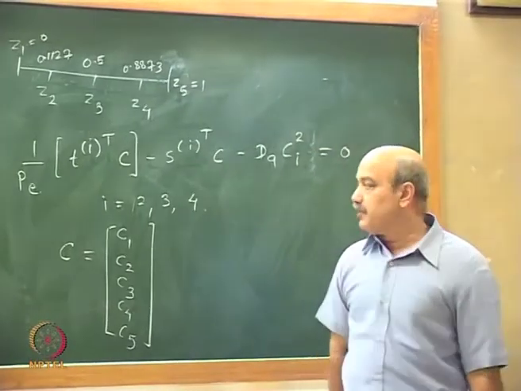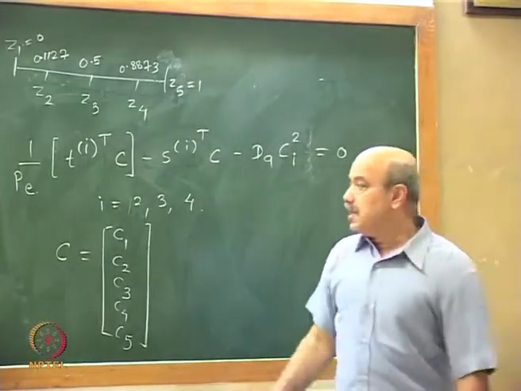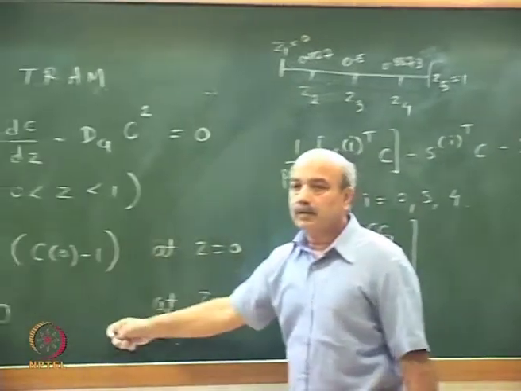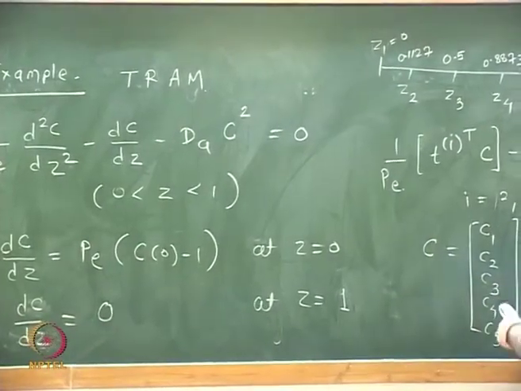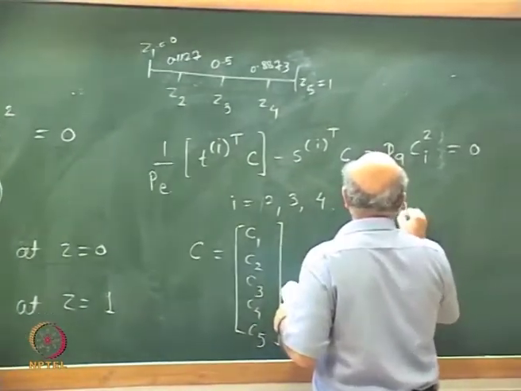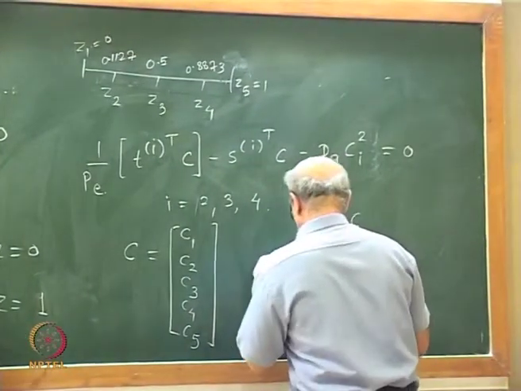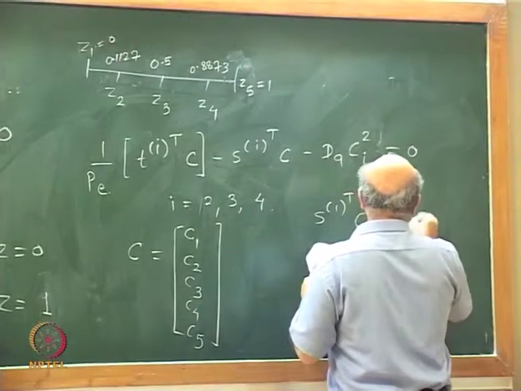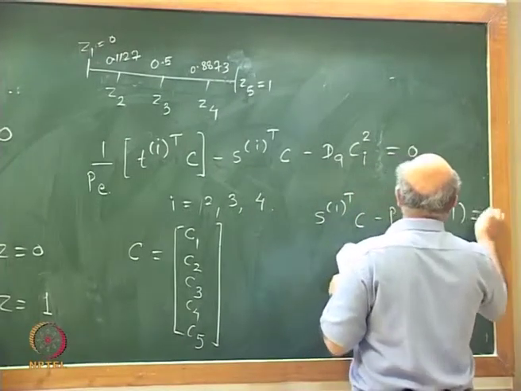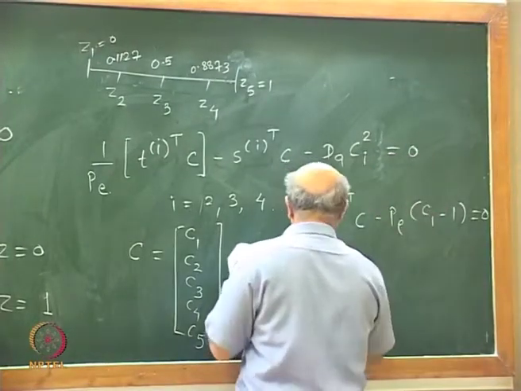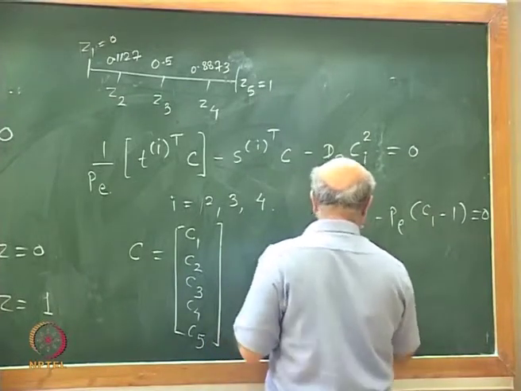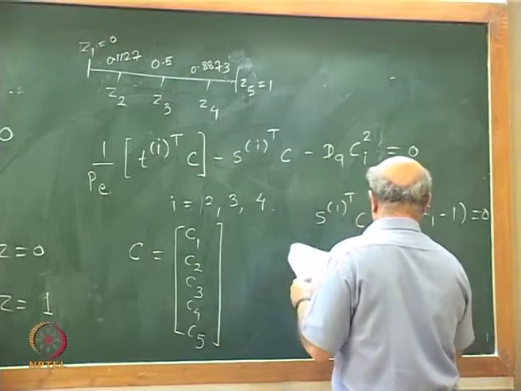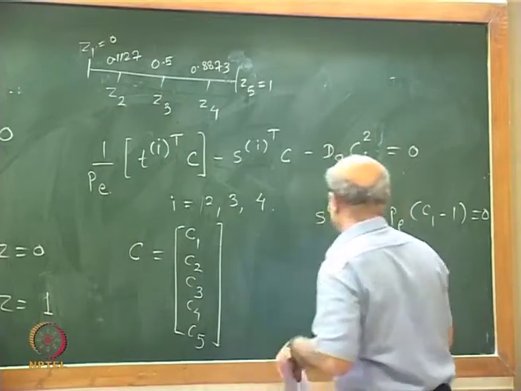So you are getting three nonlinear equations, and the two additional equations arise from boundary conditions. The two additional conditions that you get are S1 transpose C minus PE into C1 minus 1 is equal to 0, and S5 transpose C is equal to 0.